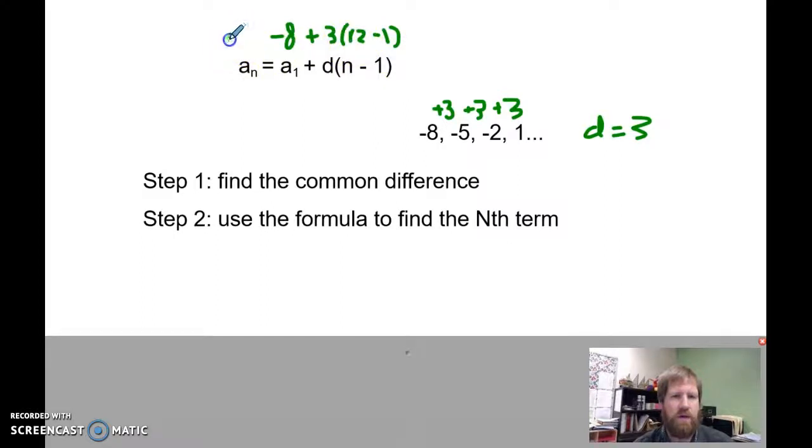That's what I'm looking for. I'm looking for a sub 12. Okay, so this will be 11 times 3, or 33, plus negative 8. And that looks to me like that would be 25. a sub 12 equals 25.